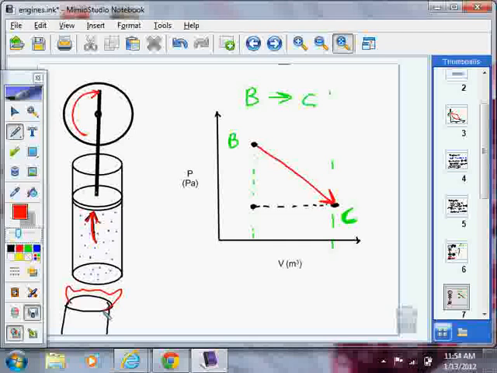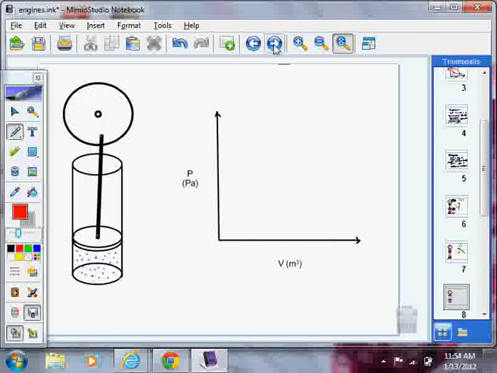Now, finally, during the last phase, we want to get things back to the way they were at the beginning. So what we're going to do, ladies and gentlemen, is we're going to remove the Bunsen burner, and we're going to surround the container with bags of ice cubes. So this is in the next diagram.